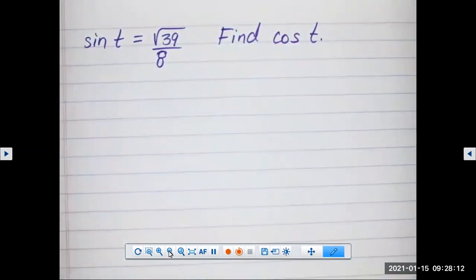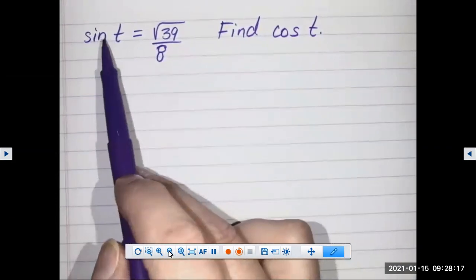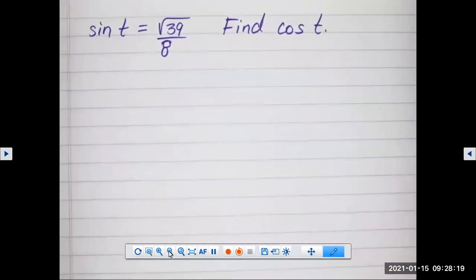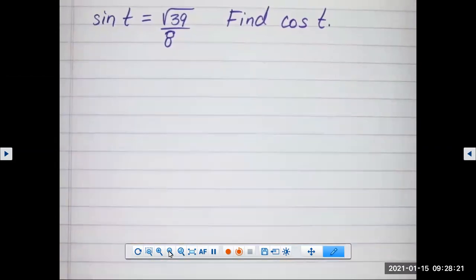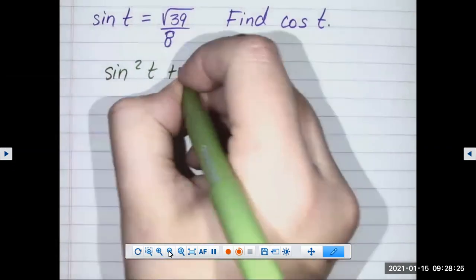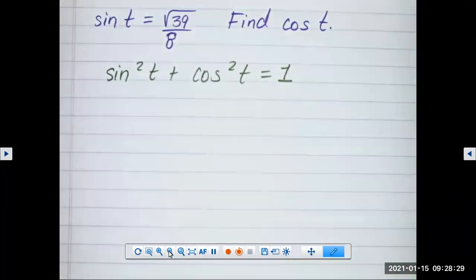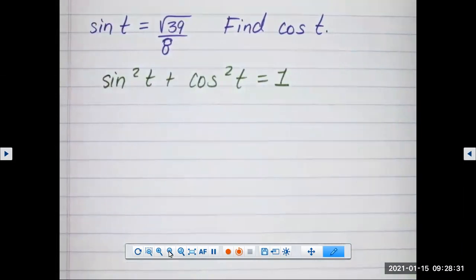So you have to look back at your list of identities, find one that relates sine and cosine only. And the only one that you can find is sine squared of that angle t plus cosine squared of t should equal 1. You've got, of course, tangent is equal to sine over cosine, but you don't know what tangent is.